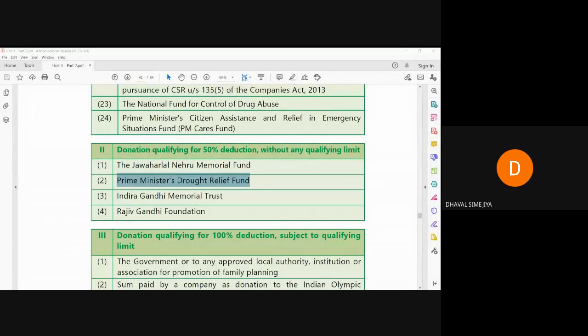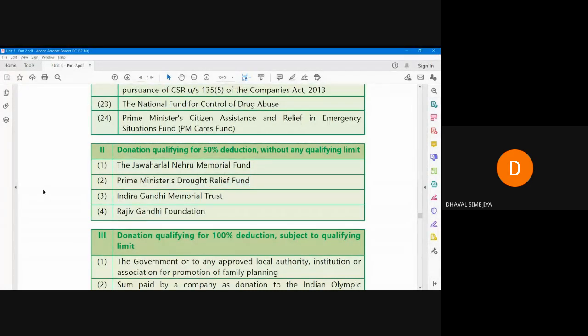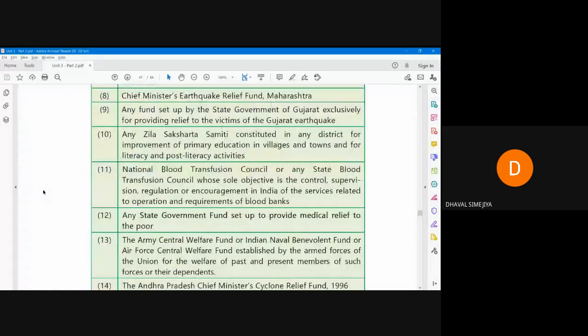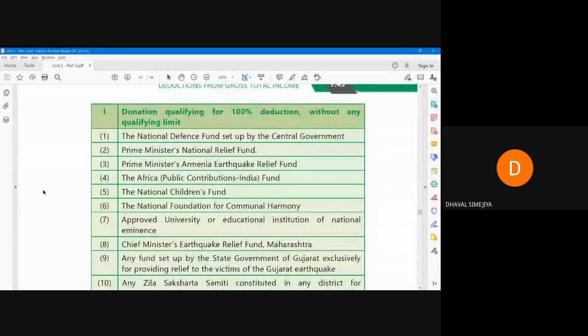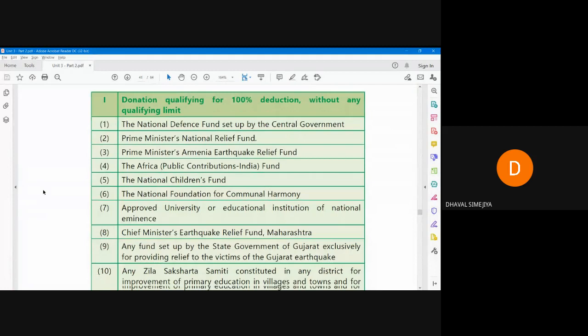So, first point, 24 names are there, but very easy, because Prime Minister, Chief Minister, central government, state government or national, these types of words will be there. 100% deduction allowed. And second point, donations qualifying for 50% deduction: Jawaharlal Nehru, Rajiv Gandhi, Indira Gandhi, and fourth one, Prime Minister's Drought Relief Fund. This is the trick by which you will be able to remember.